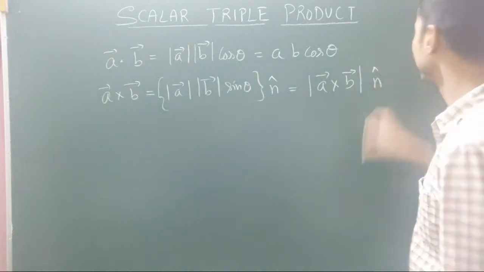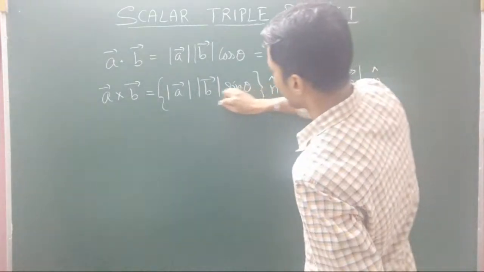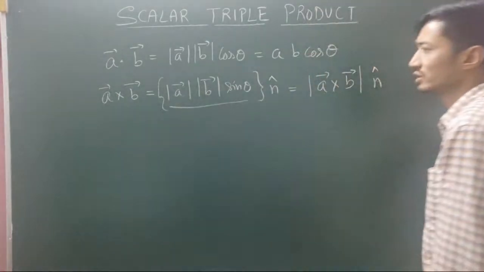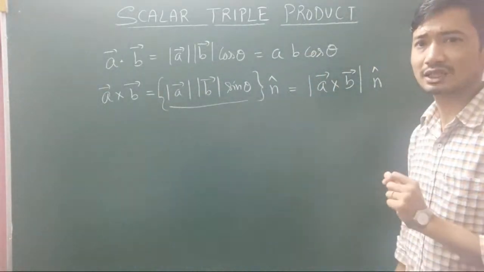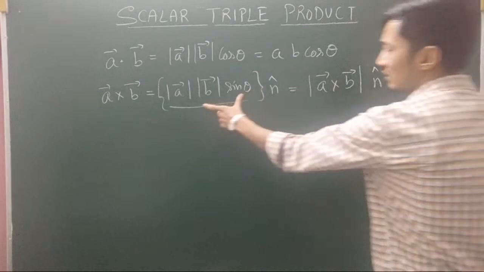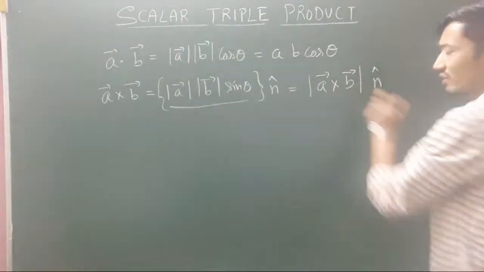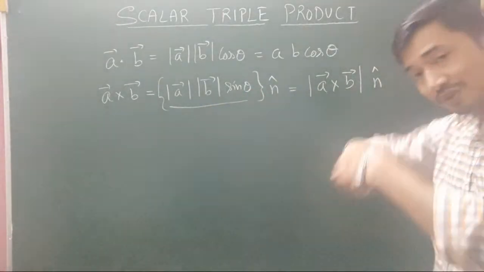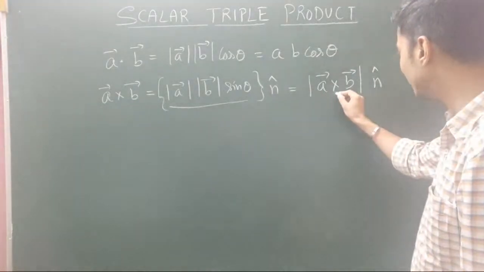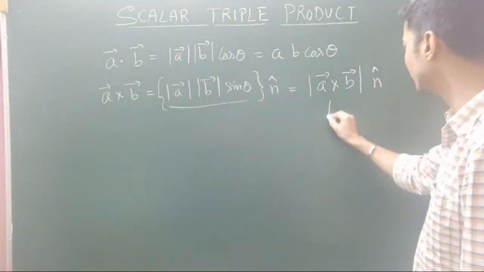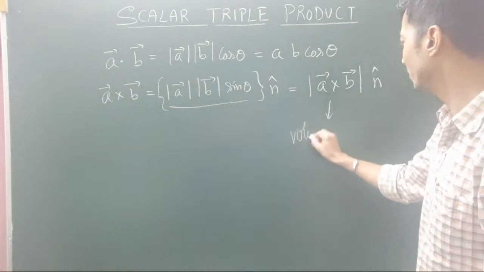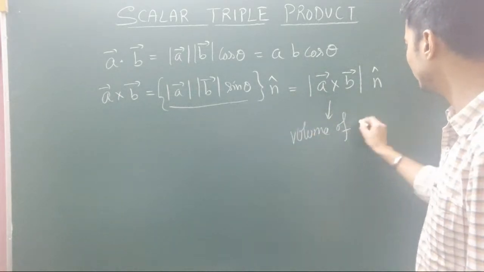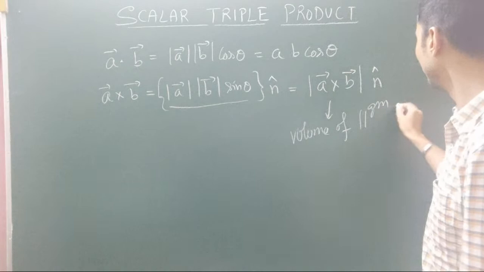Again, in that previous class we also saw that the magnitude of A cross B represents the area of a parallelogram.